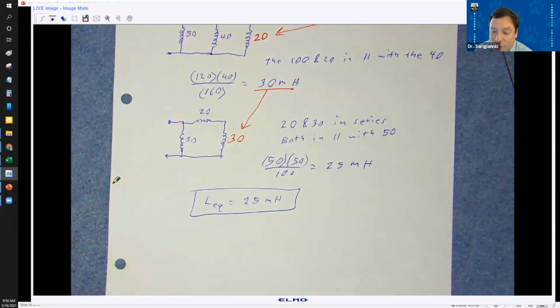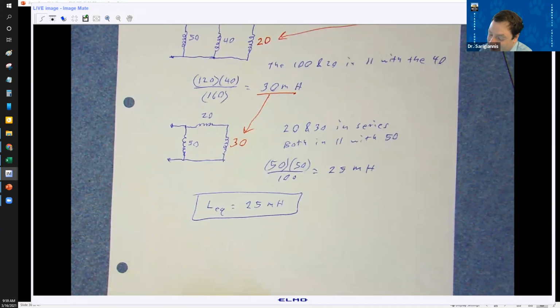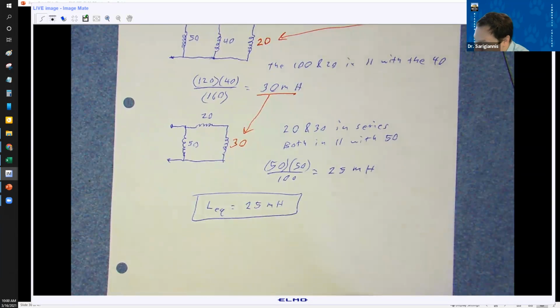Again, fairly straightforward, just like resistors. Well, maybe resistors weren't straightforward, but now they are because you practiced so much. And because you've mastered resistors in series and parallel, inductors are just as easy now.